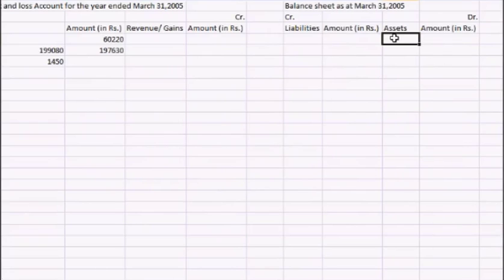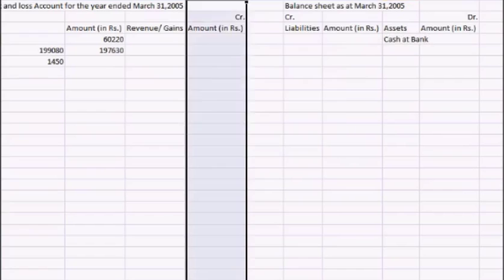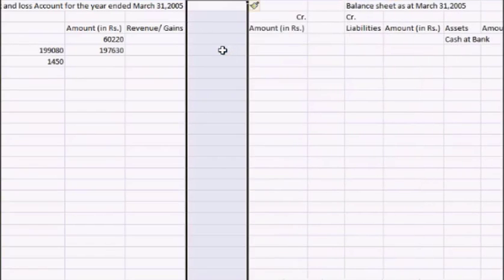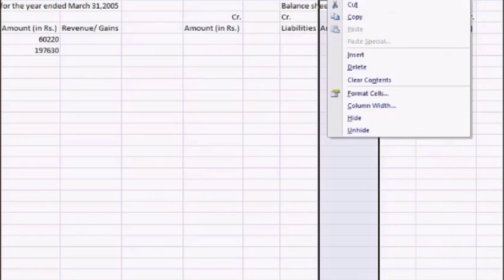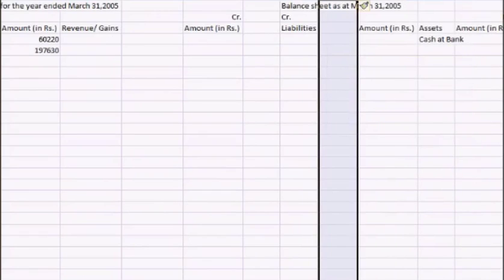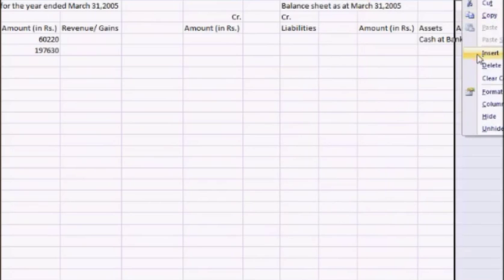So cash at bank is an asset, so we'll write cash at bank. We have to insert an adjustment column for both the balance sheet and the profit and loss account.